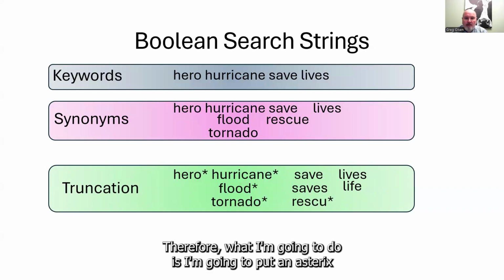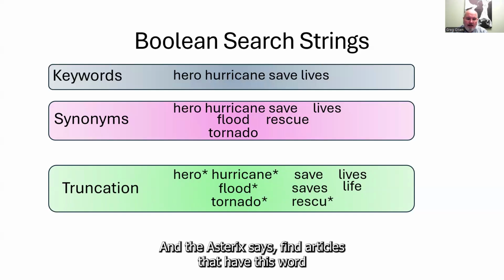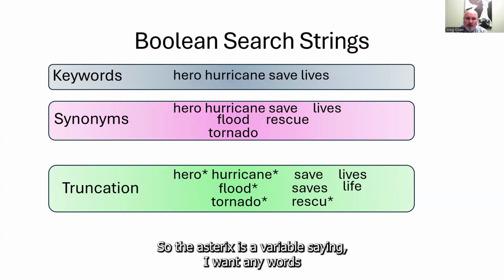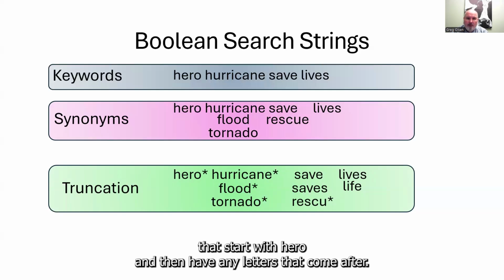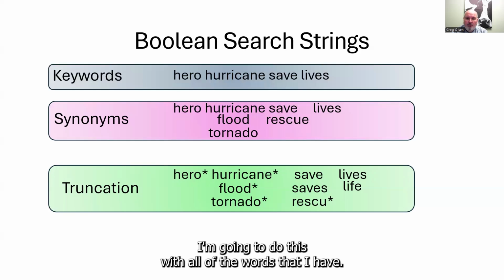Therefore, I'm going to put an asterisk after the root. The asterisk says, find articles that have this word plus any letters that come after it. So the asterisk is a variable saying I want any words that start with hero and then have any letters after it. So I'm going to get heroic or heroes. I'm going to do this with all of the words that I have.